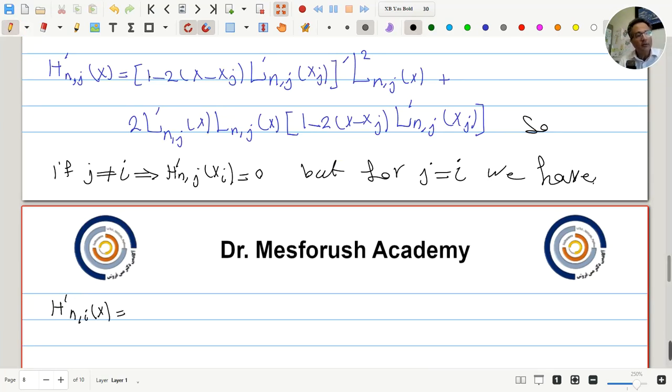Okay, here the derivative of 1 is 0, and here minus 2 times L prime, so I will get minus 2 times L prime n and I at x, correct? Yes.